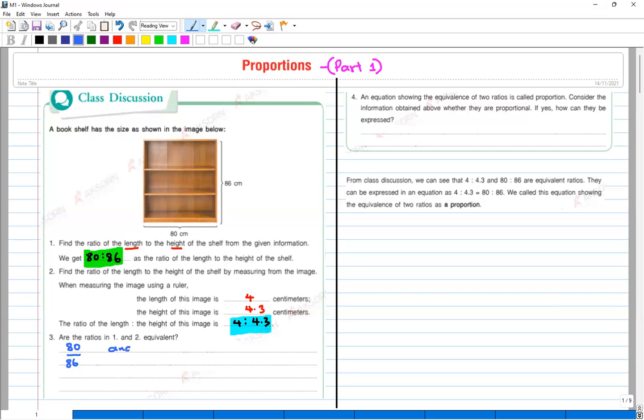And the ratio 4 to 4.3, let's make it 4 out of 4.3. Now, when we do cross multiplication, we are going to have 80 times 4.3. Now, you see that 80 times 4.3, we are going to get 344.